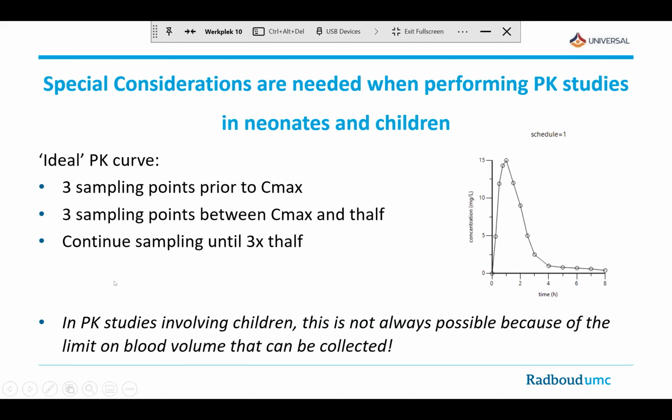And as Anne already said, for children, we are not always able to get that many samples. So in that case, we really have to choose our samples very cleverly to try to get the Cmax and the half-life and accurately assess the AUC.